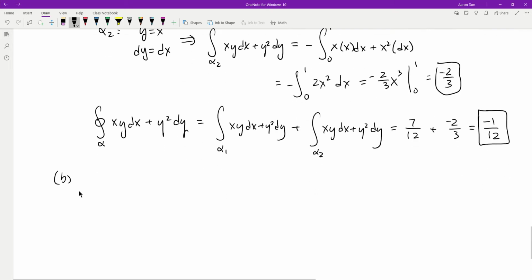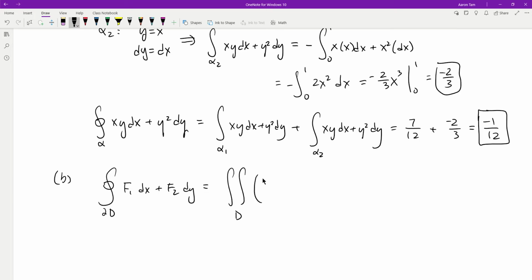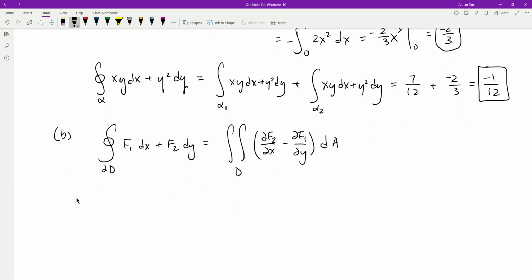So what is the Green's theorem formula? It says that when I integrate over the boundary of D of f1 dx plus f2 dy, that becomes a double Riemann integral over D of the partial of f2 with respect to x minus the partial of f1 with respect to y, dA. So in this particular example, our f1 is xy, and our f2 is y squared.